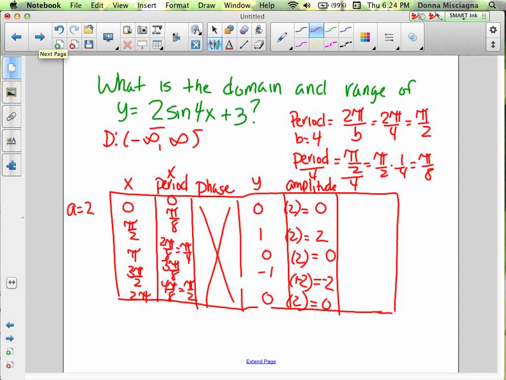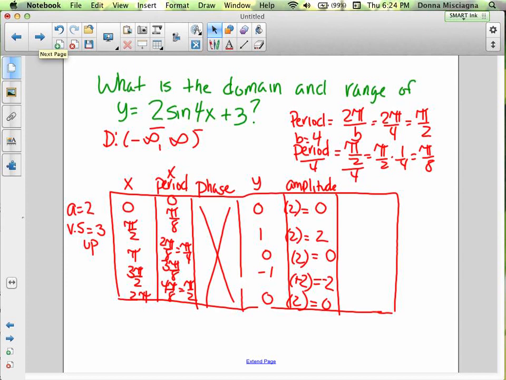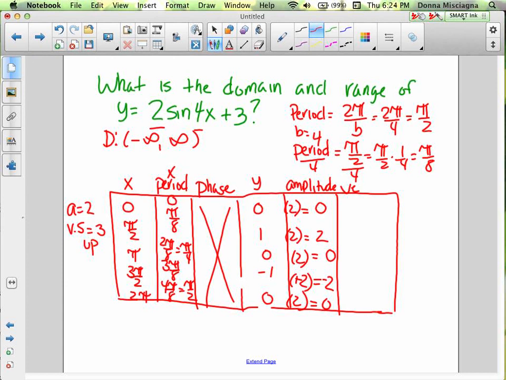And then the vertical shift is 3, and this is 3 up. We would add the vertical shift after we multiplied by the amplitude. So we would just be adding 3 to all of these values.